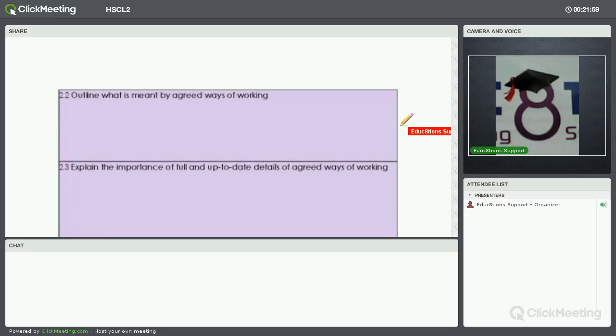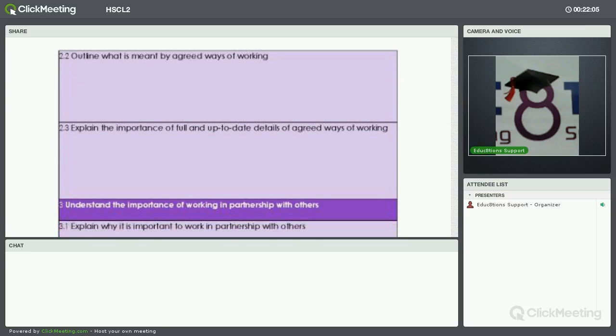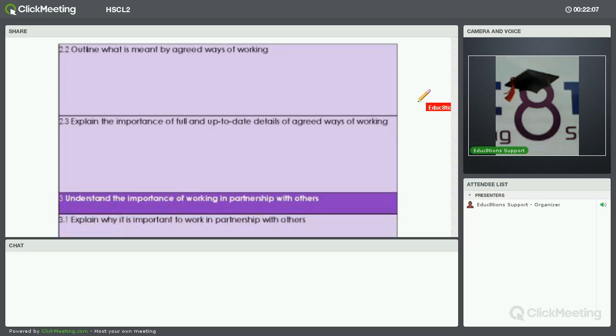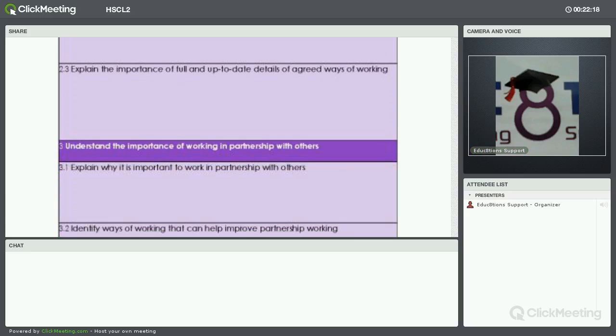And 2.2, outline what is meant by agreed ways of working. Now, I'll tell you nothing on that one. I'll need you to do a little bit of research and find out what are agreed ways of working, and then obviously outline what is meant by that.